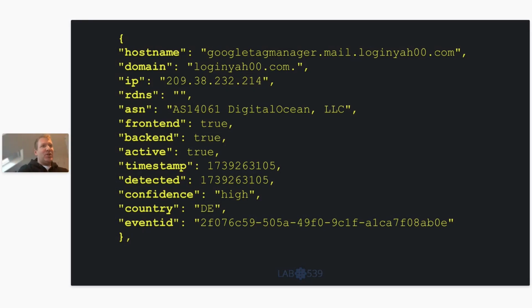But there's two fields on here that I do want to particularly draw your attention to. They're kind of sat in the middle. One of them is front end and one of them is back end. So front end, if you think to the diagram we had in the previous slide, when we refer to front end, what we're talking about is the component of the infrastructure that a user might interface with.